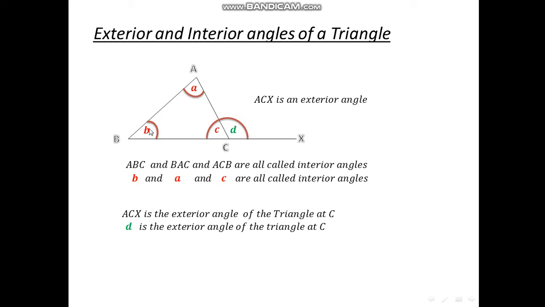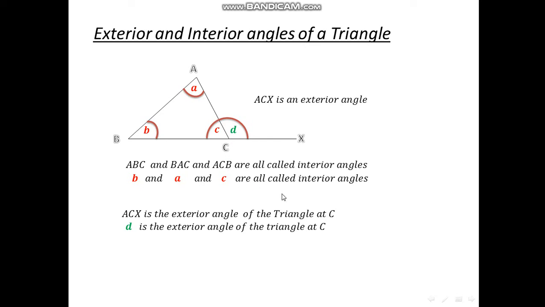A and B. Which angle is adjacent to the angle D? C. So C is not concerned here. Okay, we call this the exterior angle D. We say D is the exterior angle of the triangle at C, okay?